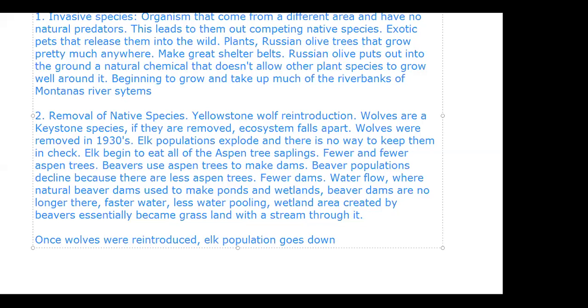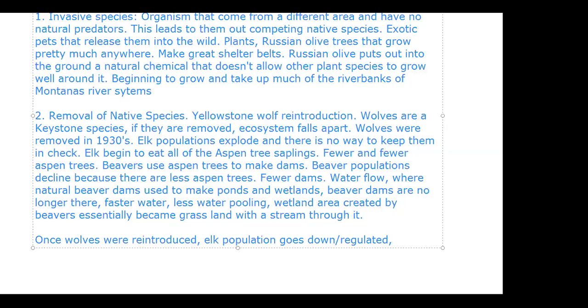This is a natural check and balance. It is regulated, okay? So we add the wolves, the elk population goes down, is regulated, there's a normal amount of elk, okay? Because we didn't add like 1 million wolves, we added like 30. So it was about the number of wolves that you would expect there, okay? So the elk population goes down.